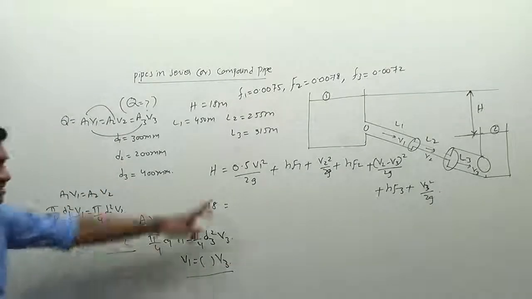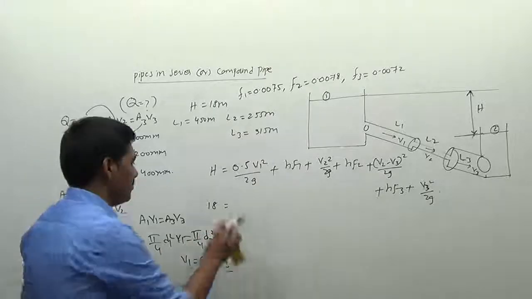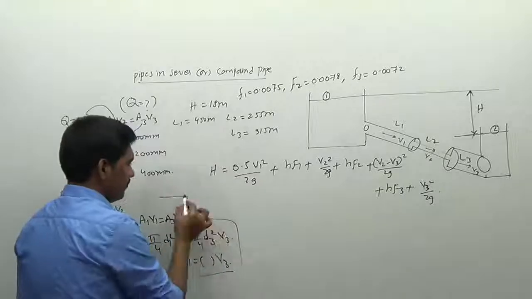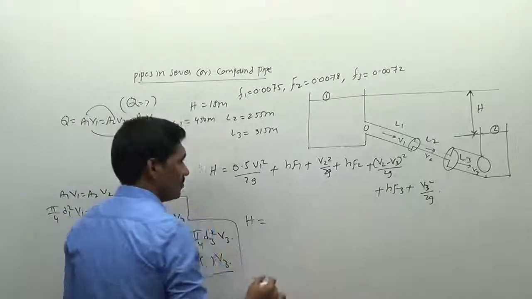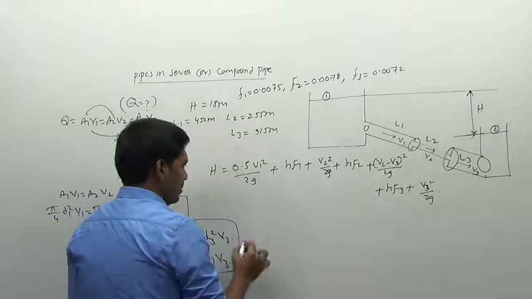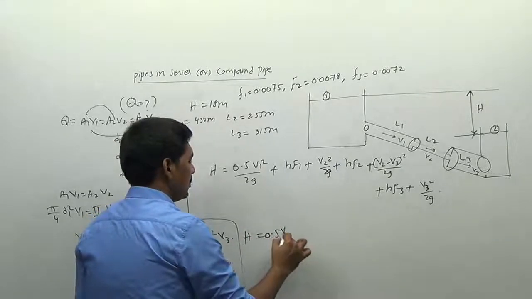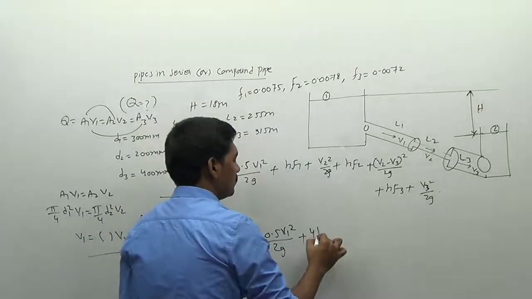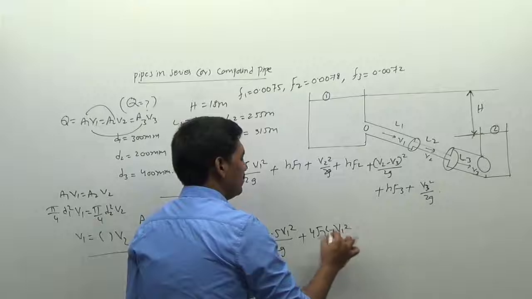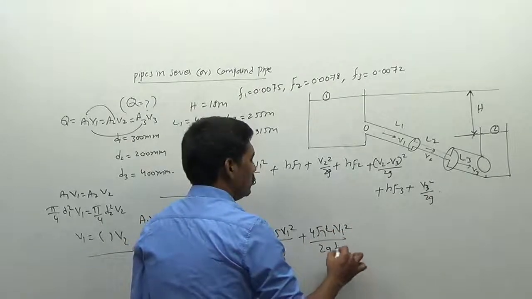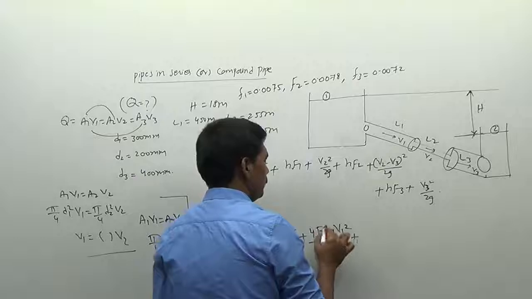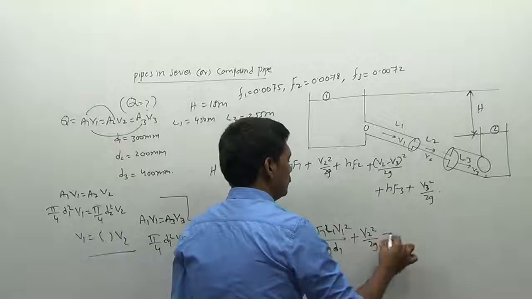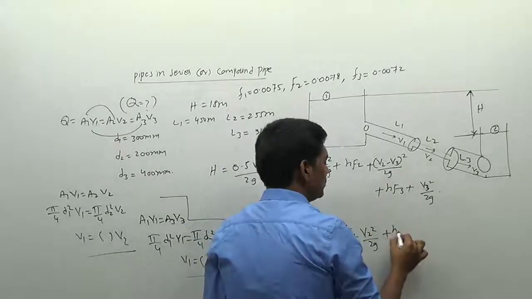Now substitute these two relations in this entire statement. I will write the statement for you. So H is equal to 0.5 V1 square by 2G plus HF1, which is nothing but 4 F1 L1 V1 square divided by 2G D1, plus V2 square by 2G, plus what is the head loss of friction in the second pipe?